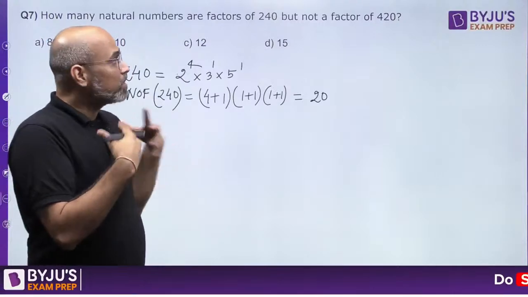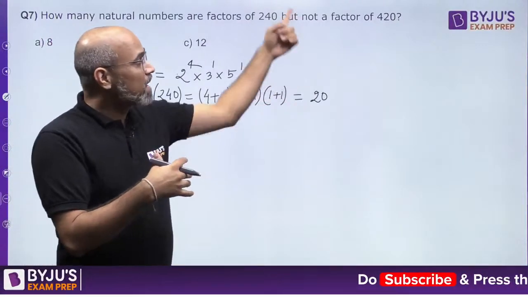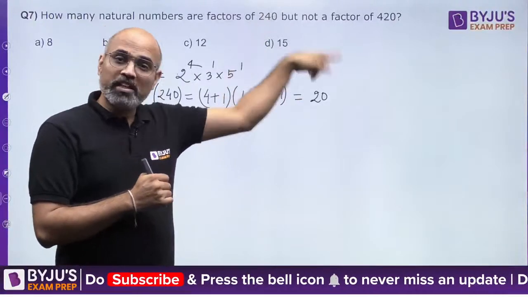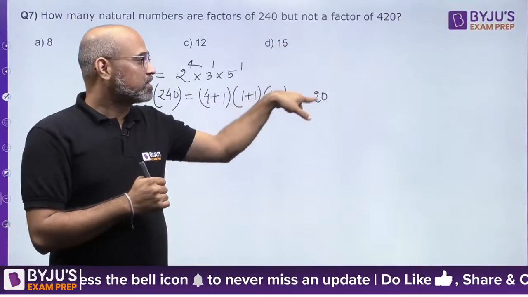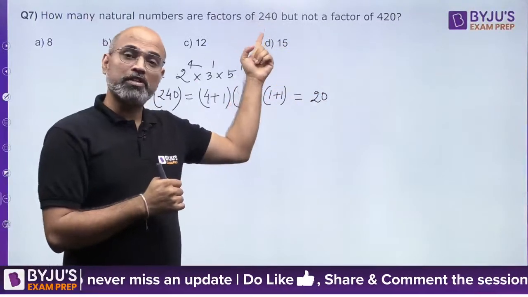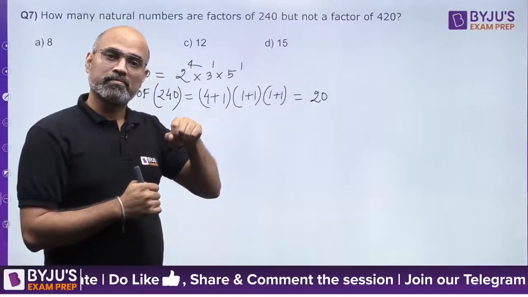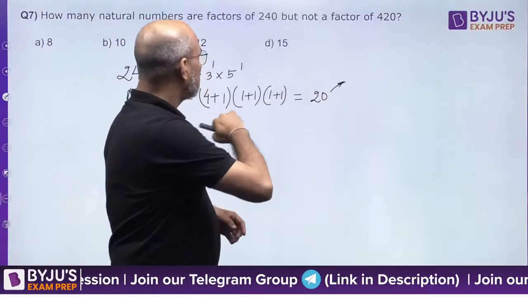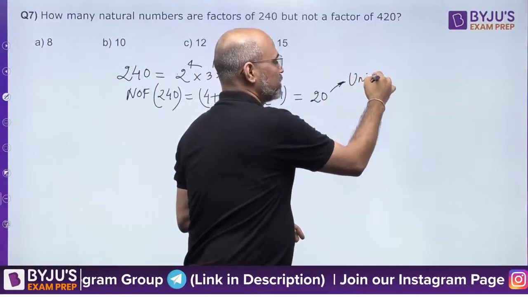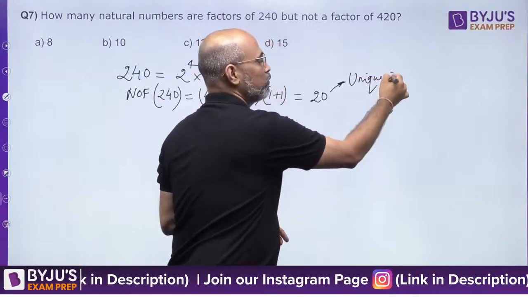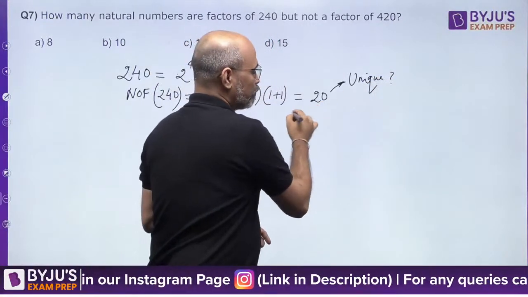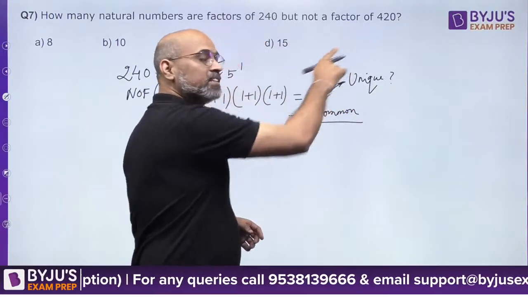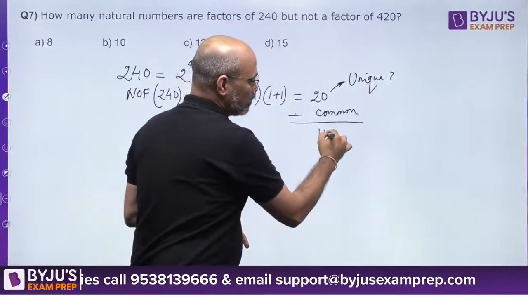Instead of figuring out how many factors of 240 are not there in 420, let's subtract all those factors of 240 which are there in 420 also. I'll repeat. 20 में से, if I want to figure out how many unique factors we are going to have, can I say from 20, if I subtract all the common factors, all those factors that exist in 420, तो अपने आप unique आ जाएगा.